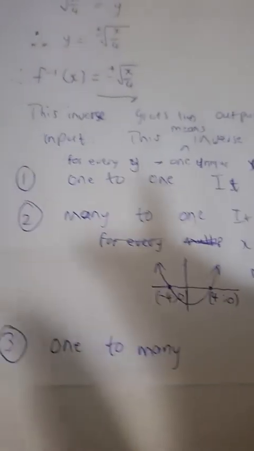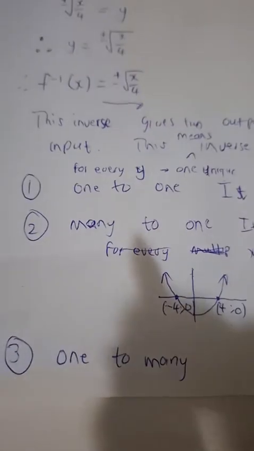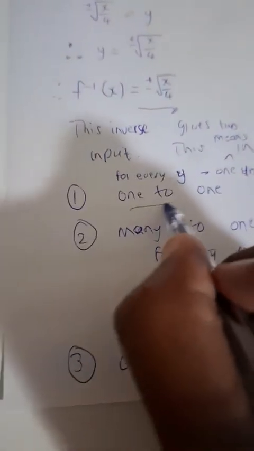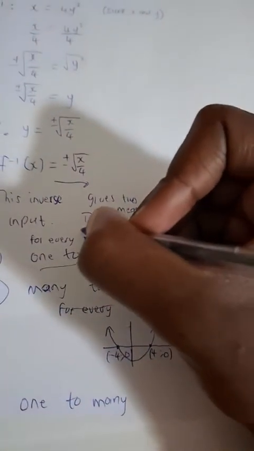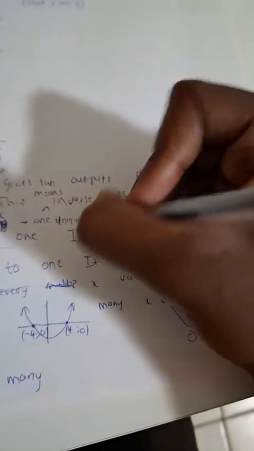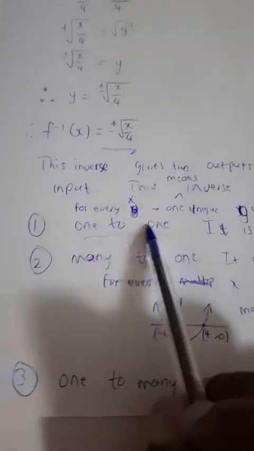Guys, in order for an inverse to be regarded as a function, it has to be 1-to-1. In other words, for every single x value, there needs to be one single output value, meaning one y value. Okay, that's 1-to-1.